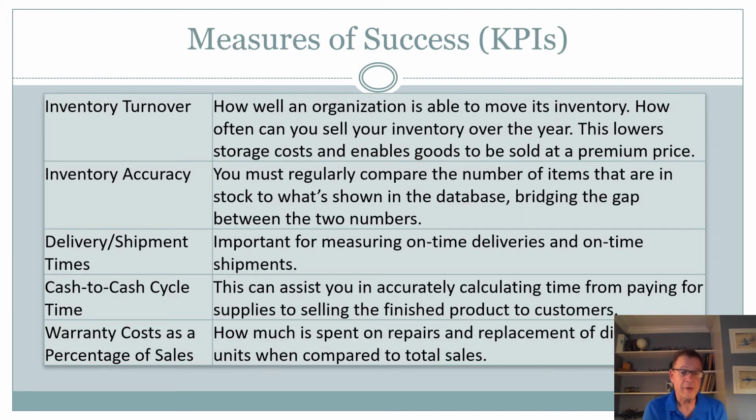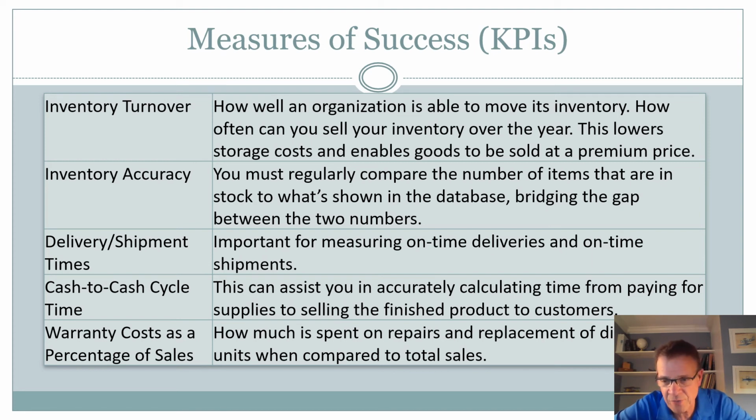So let's talk about some measures of success. I've got a few listed out here. There are many more that can be done. But first, inventory turnover. How do you manage your inventory? If you are in a retail organization, how often do you sell off your entire inventory over the course of the year?